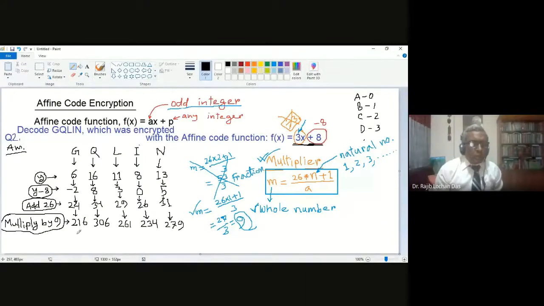Okay. After the multiplier operation, now you do mod 26.